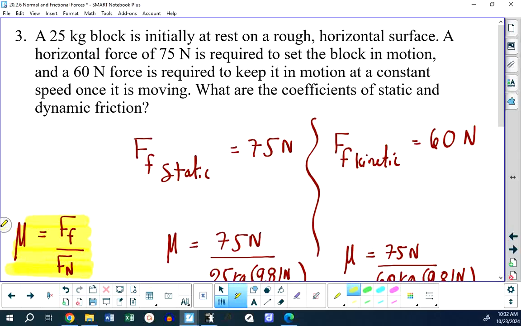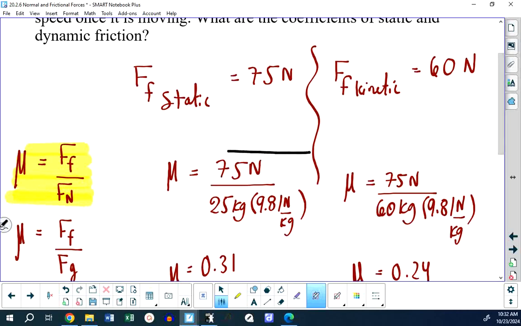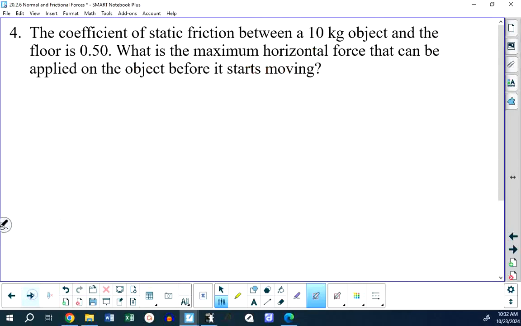And then we measure the force of friction, and we take newtons divided by newtons, so mu has no units. Another way to look at it is if we just pick on this right here, Sam. When you look at the bottom, kilograms times newtons per kilogram will give you newtons, and we have newtons divided by newtons then, which is no units. It's a unitless number. Yeah, good question.